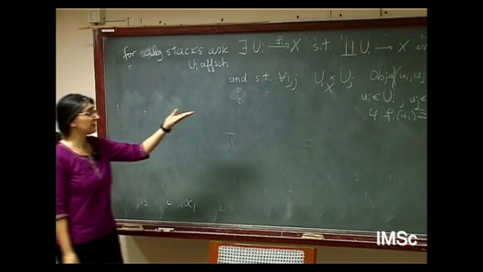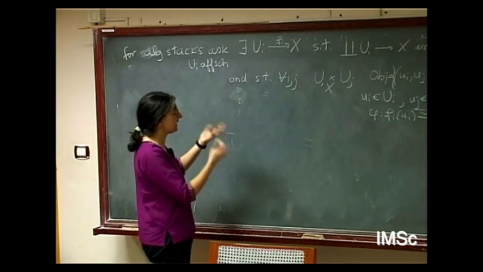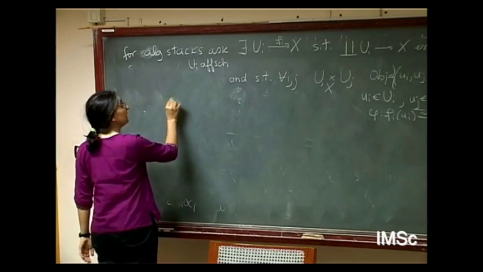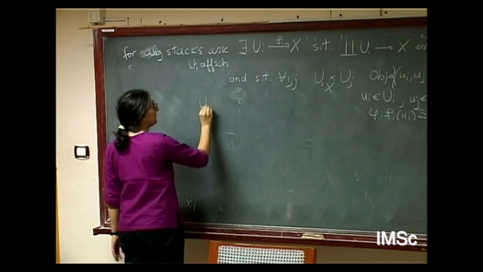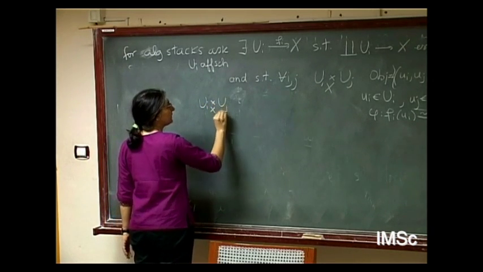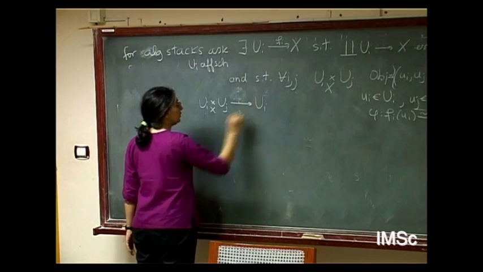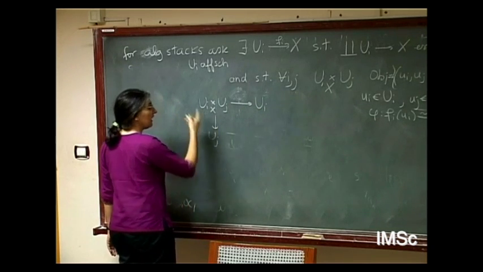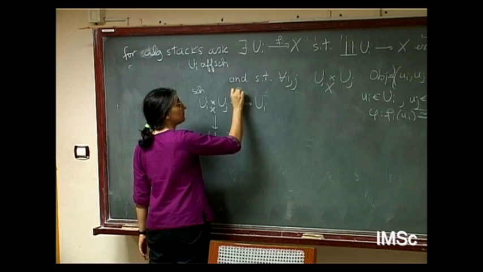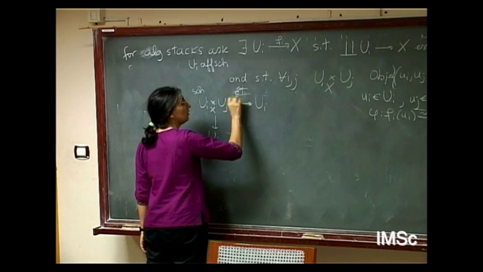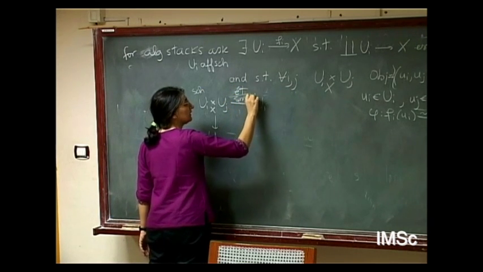And what you want is that this a priori is a set, but a set with the natural maps to, say, each U_i and U_j. And you want that this is a scheme, and that this morphism is either étale or smooth, depending.